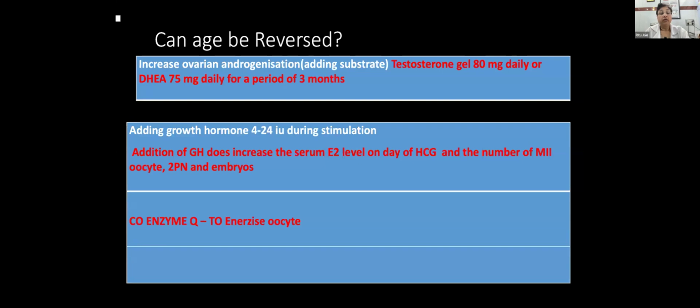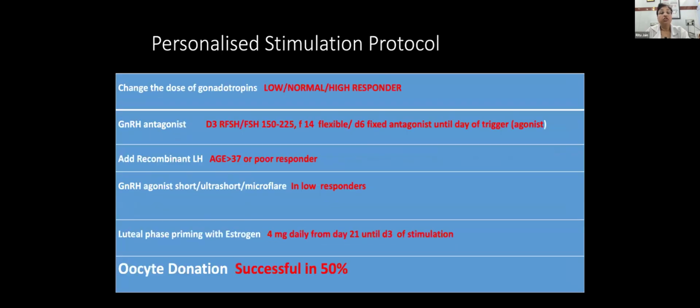Although there are different medical options available, like putting the testosterone gel or giving DHEA, which have not been approved by major societies like ESHRE and ASRM, giving growth hormone, improving the energy level of the mitochondria by giving coenzyme Q, or changing the personalized stimulation protocol by increasing the dosages, or moving entirely to antagonist cycle, or adding recombinant LH to recombinant FSH for stimulation, or using GnRH short agonist protocol, luteal phase priming with estrogen.